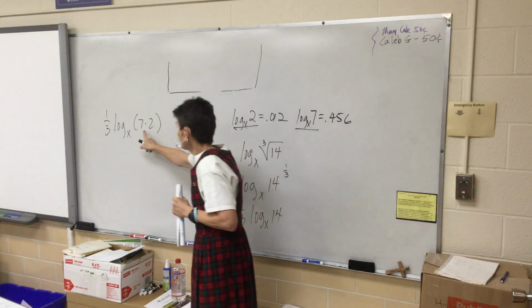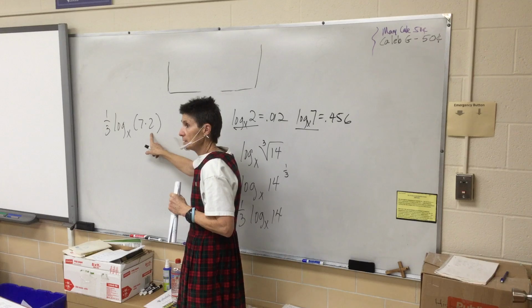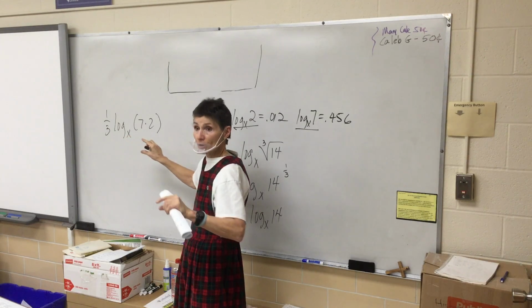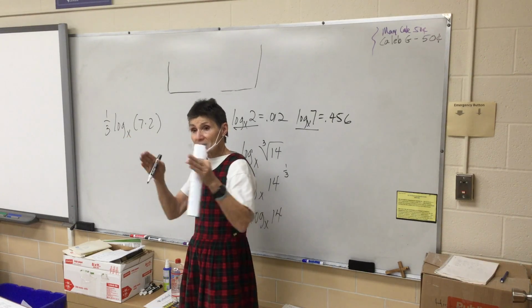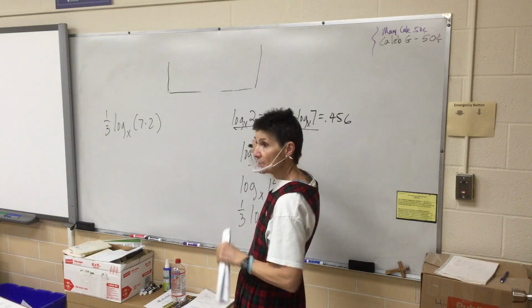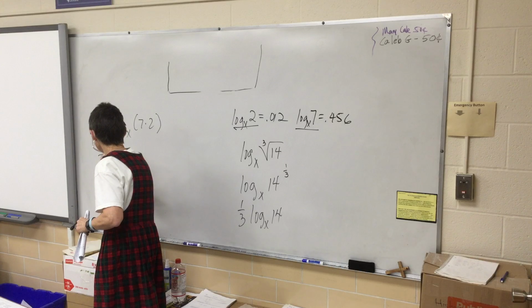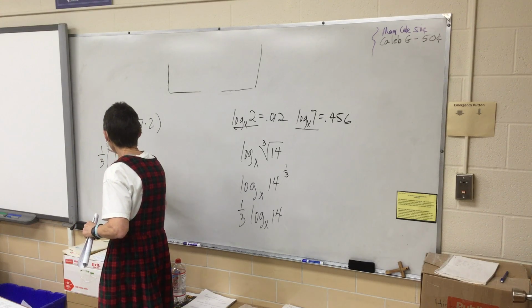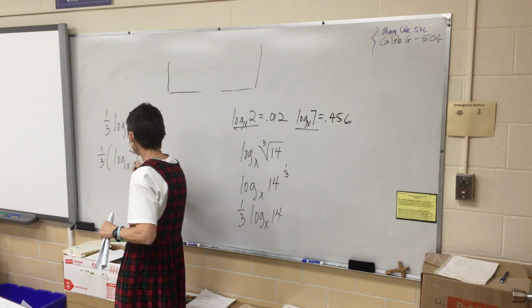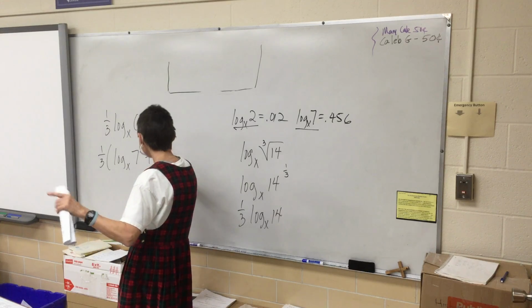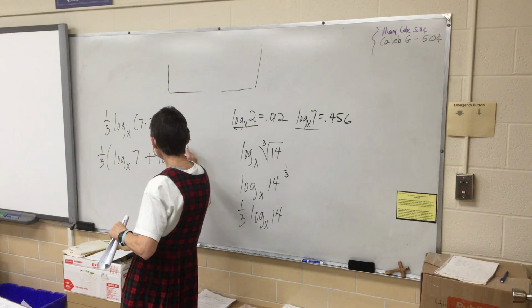Now these are multiplied. If I want to pull them apart so that I'll have individual logarithms like I do here, how will I pull them apart? There's my 1/3. And I'll have the log base x of 7 plus the log base x of 2.